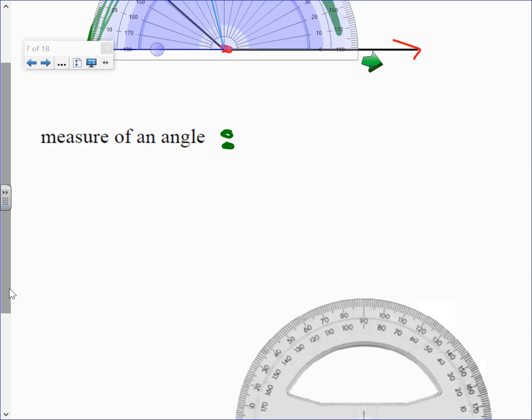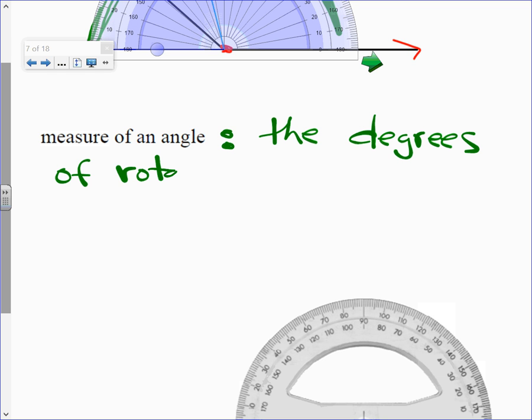Here we go. So the measure of an angle is, write this down, the degrees of rotation measured by a protractor.